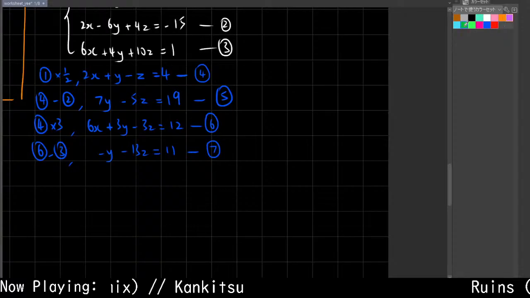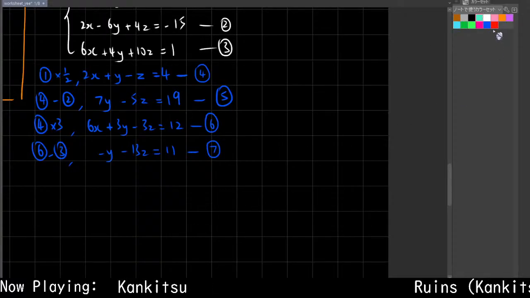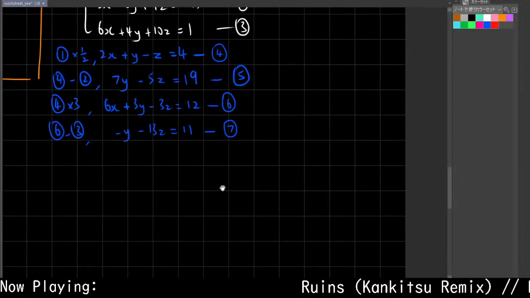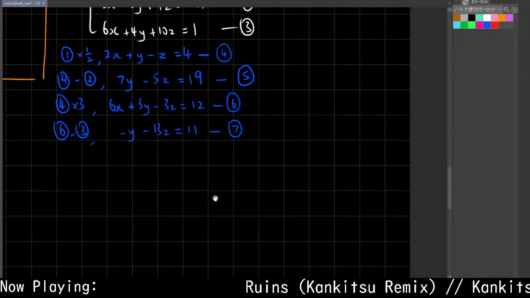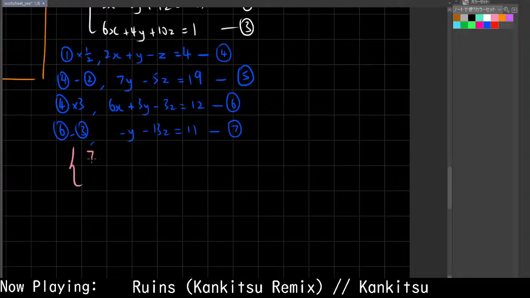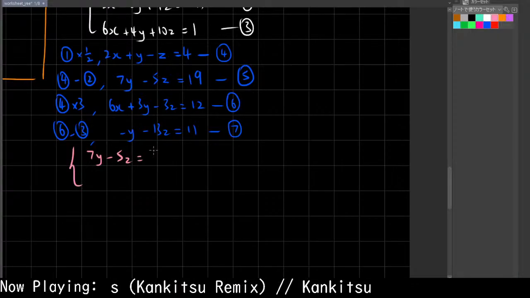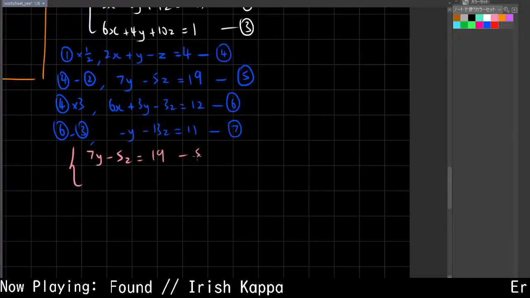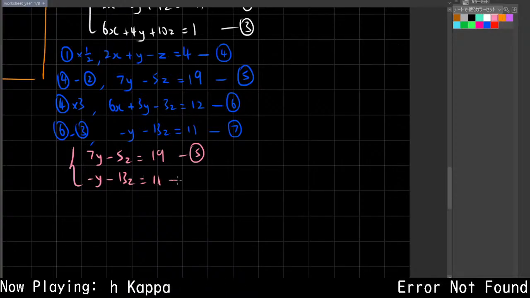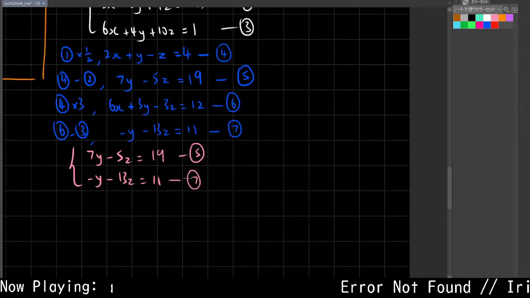Then next I will solve simultaneous with the two equations 5 and 7. So write them separately, so that for clarity purposes, you can use different colors.